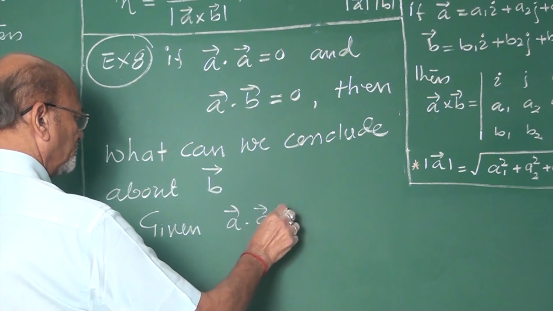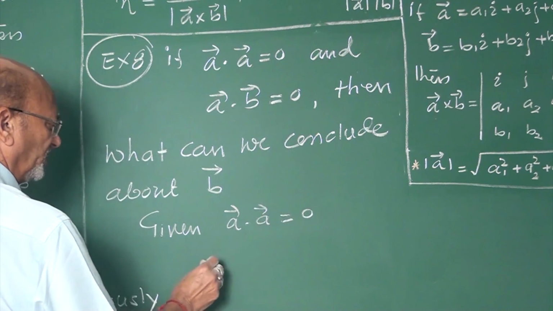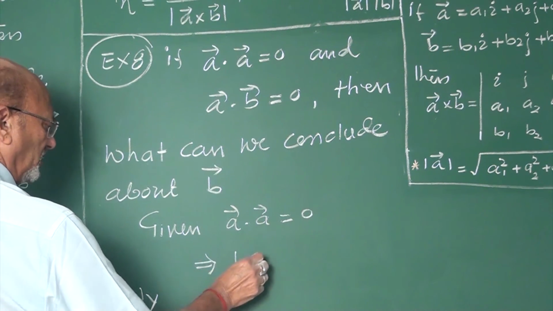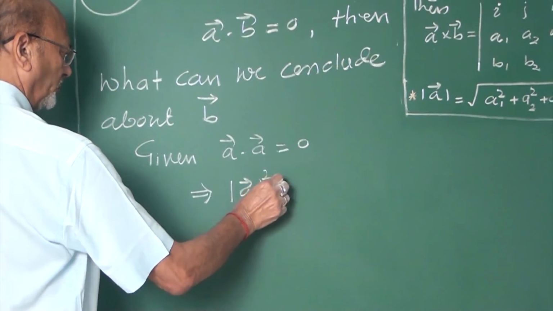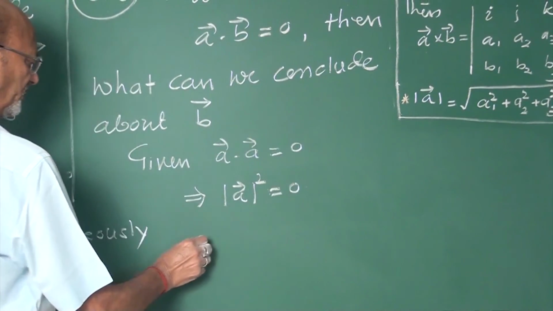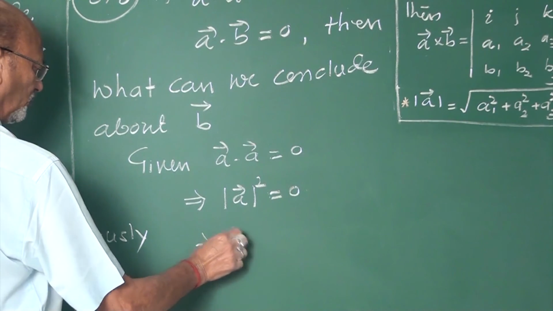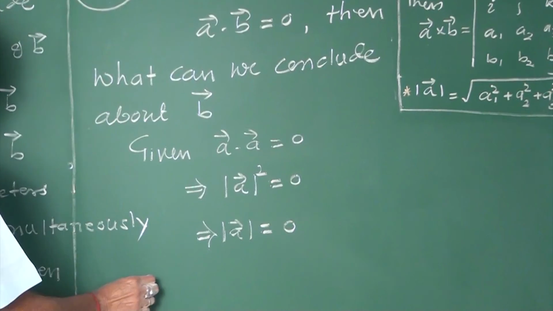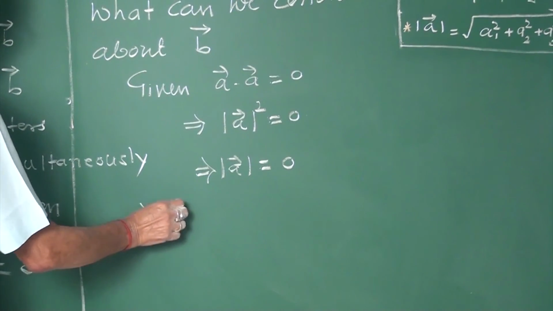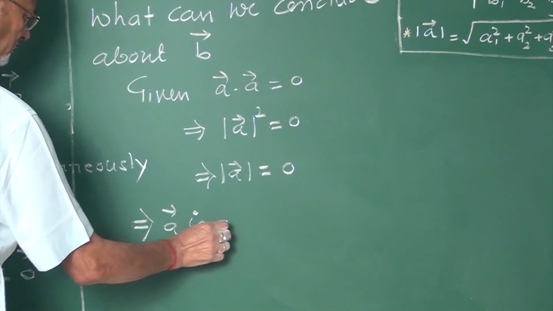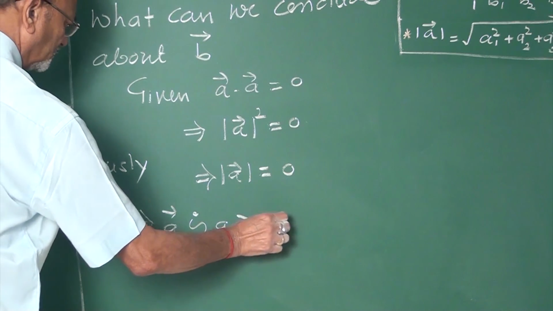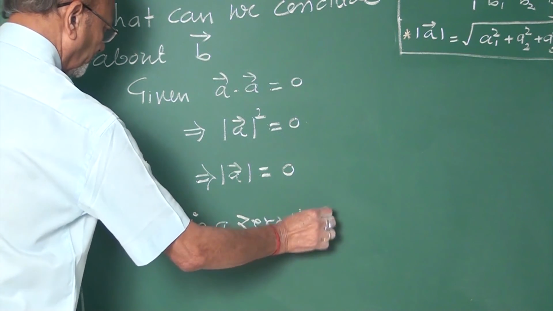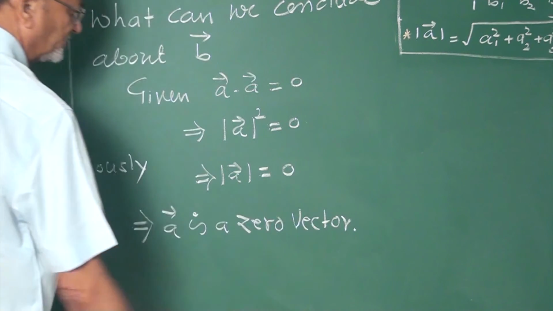Given A dot A is 0. What is A dot A, my friends? Magnitude of A the whole square is 0. What does it give? This gives magnitude of A is 0. Magnitude of A is 0 means vector A is a 0 vector.